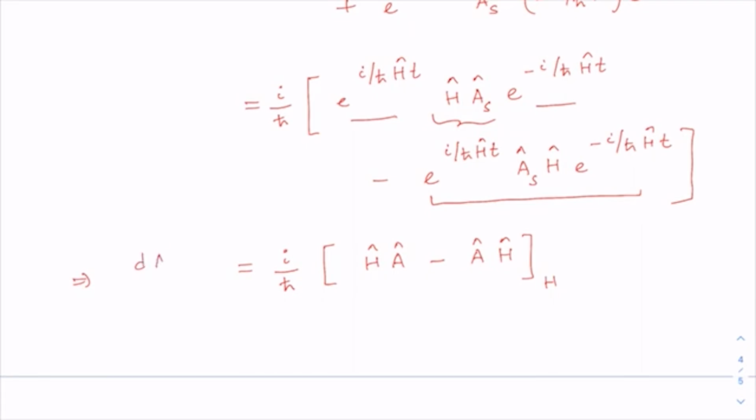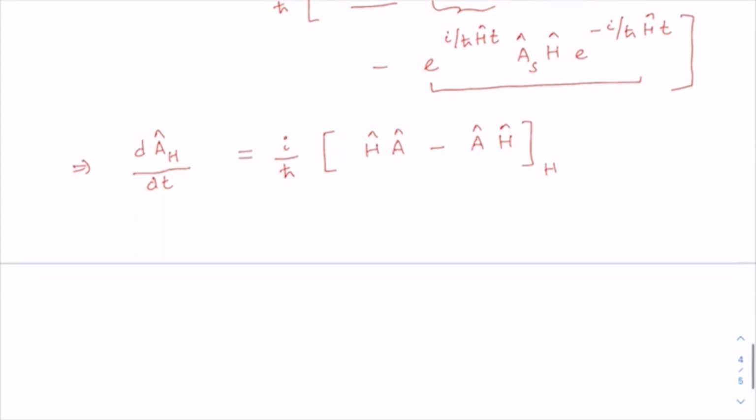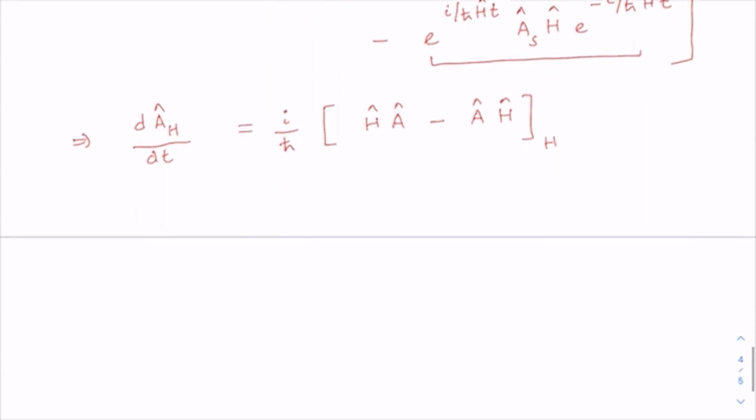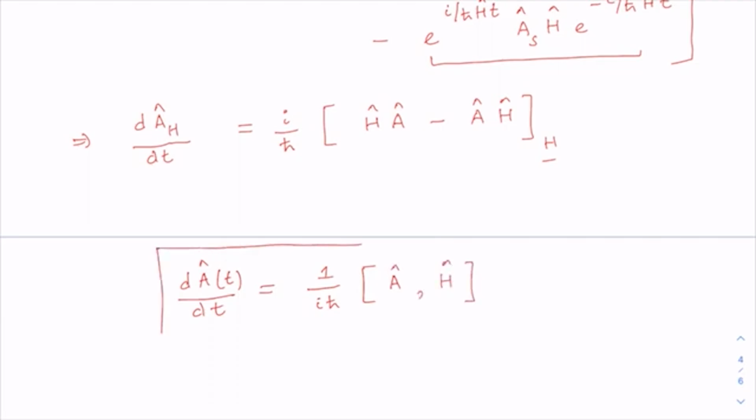In general, we don't write the suffix H, so we can simply write dA(t)/dt is equal to 1 by i h cross, the commutator between A and H. So this is the Heisenberg equation.